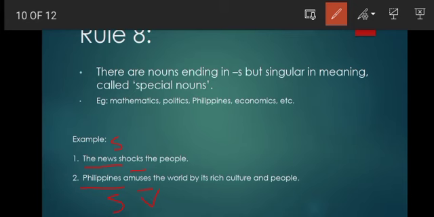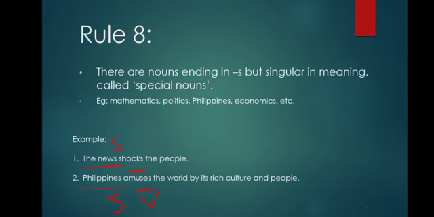Philippines is a country, it is just one country. Therefore, it is singular. So the sentence is constructed like this: Philippines amuses the world by its rich culture and people.